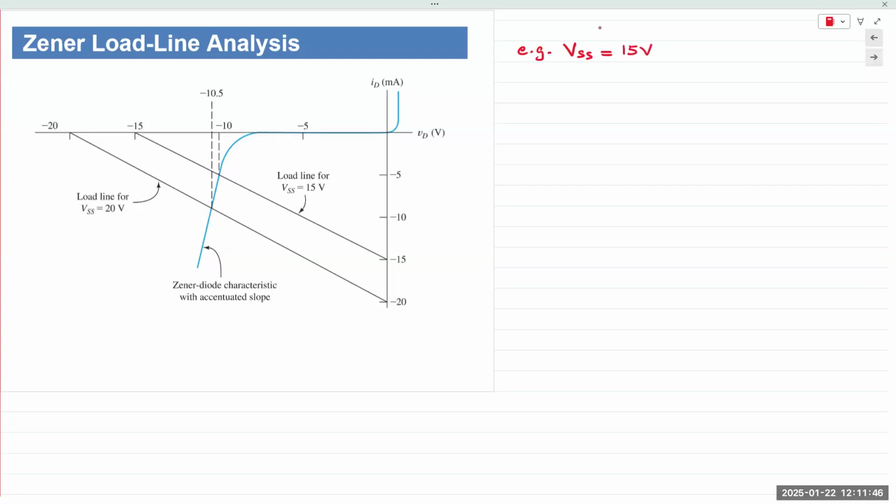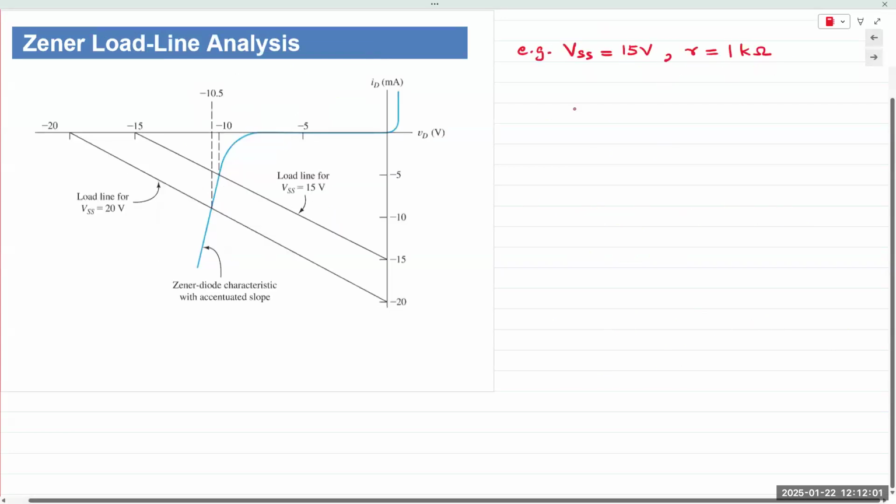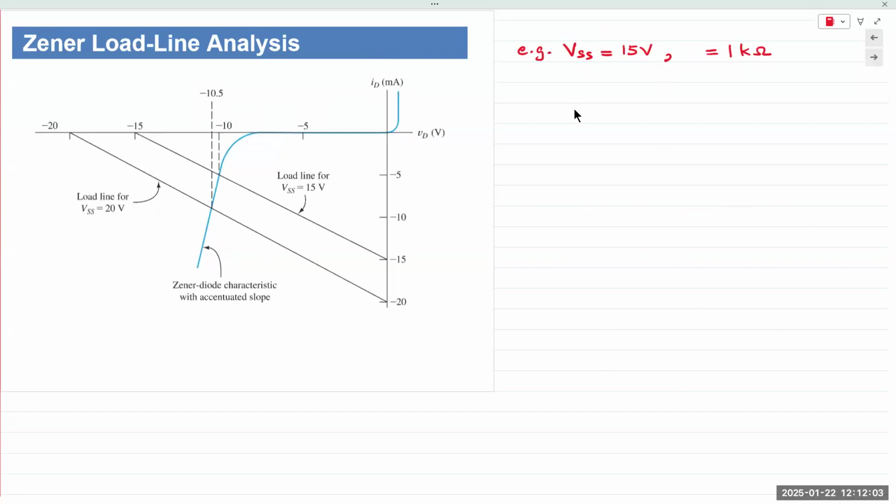We are not given the Zener diode voltage. We are given the value of the resistor R, which is 1 kilo ohm. So again, R is right here, and this is the Zener diode, and VSS.